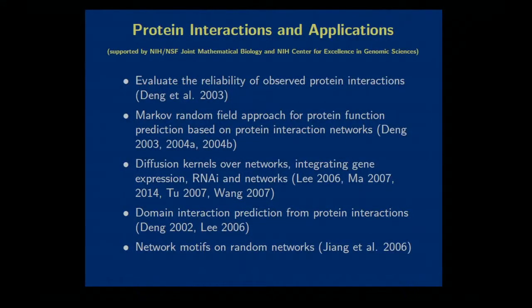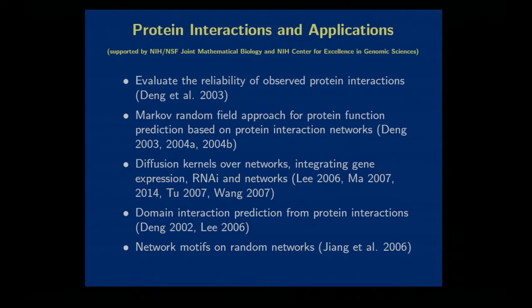After we did that work, the second question we asked is, how do we predict protein functions using the protein-protein interaction network? We introduced the idea of Markov random field to predict protein functions based on those protein interactions.